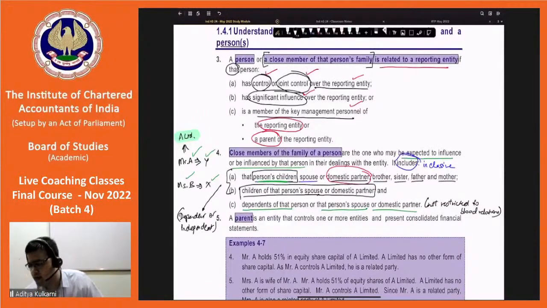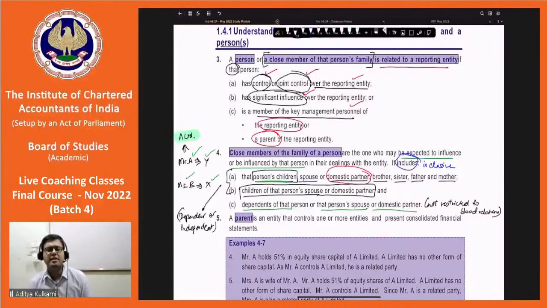Is legal guardian of children also included? Suppose Mr. A has a son. His wife passed away. So the question is about the legal guardian of that son. Now that won't happen because in this case, the father himself is there. So there won't be a legal guardian as such.